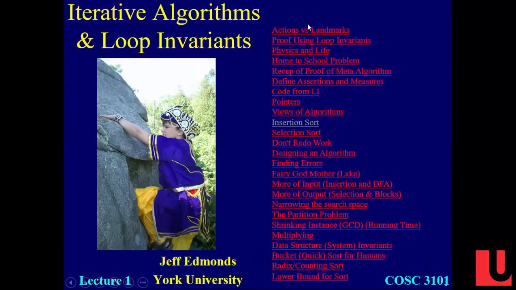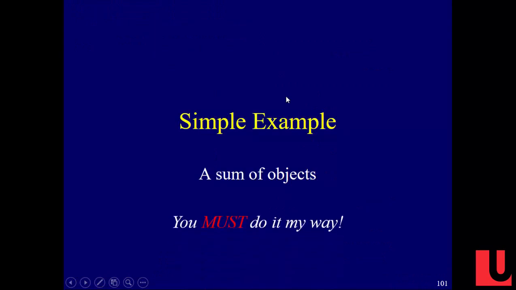F5, prove physics using loop invariance. Is it here? Oh, no. Is it here? Using loop invariance. I don't see it here. Code. Oh! Code from loop invariance? What's that? No, that's not it.